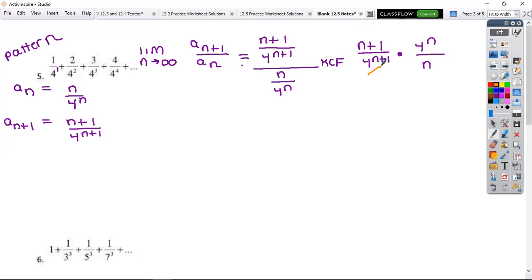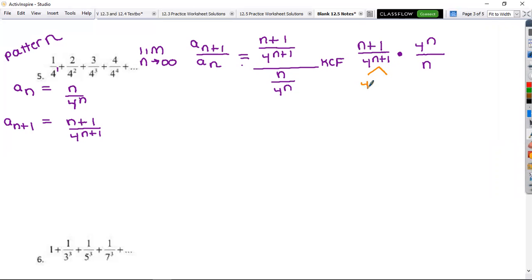If it looks like this, it's really like saying 4 to the n and 4 to the first. And how does that help? What does that allow us to do now? Cancel, exactly. Yep, so I cancel this. I cancel this now. And I am left with n plus 1 divided by 4n. And now you're going to continue and you're going to take your limit again. So we're going to come all the way back over here and we have the limit again as n approaches infinity.